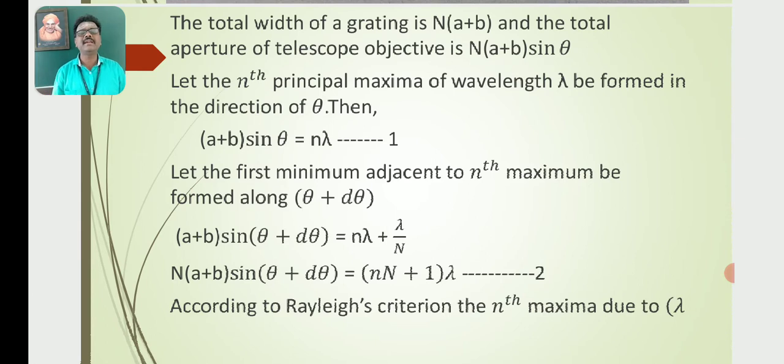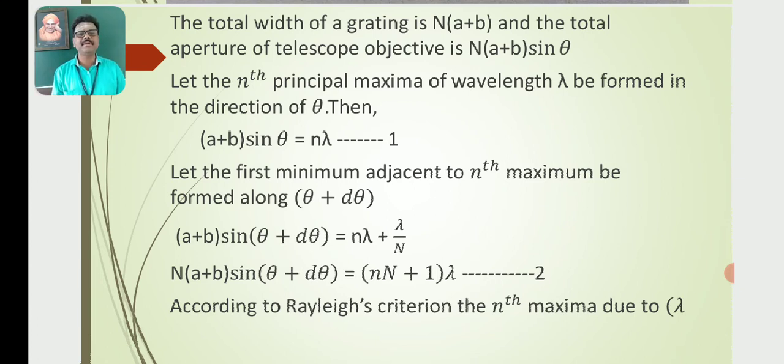Here d can be replaced by a plus b, where a plus b is known as the grating element, a is the width of the transparent space and b is the width of the opaque space. a plus b indicates the total width of a single slit in the grating. So a plus b sin theta is equal to n lambda, where n gives the order of the spectrum and lambda is the wavelength of light used. Let this be equation number 1.